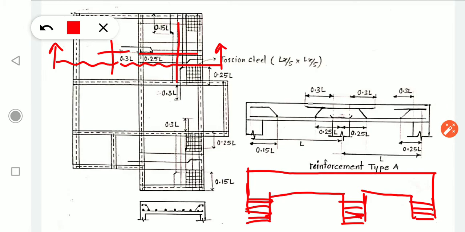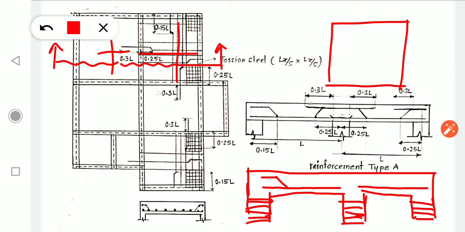Now main reinforcement will be at the bottom, correct, and in the next panel also the main reinforcement will be at the bottom. That is for the middle strip, right? And what will be for the edge strip? Some part of the middle reinforcement is bent up. Alternatively, how did we do that? As you remember, I have given you two different diagrams.